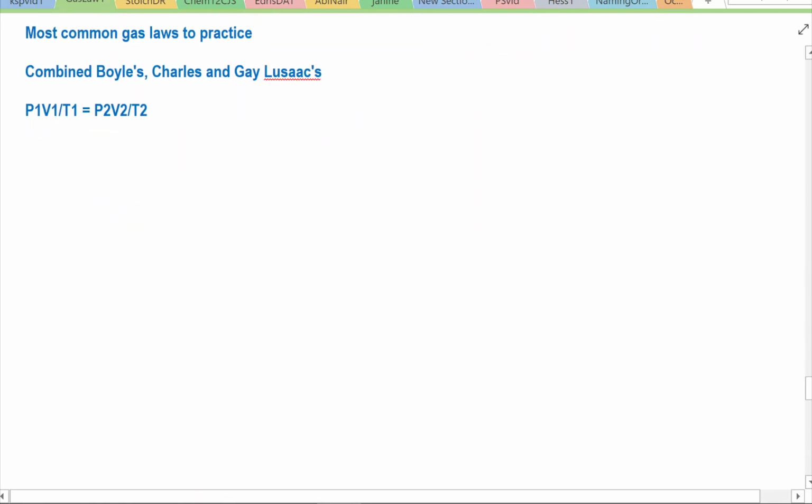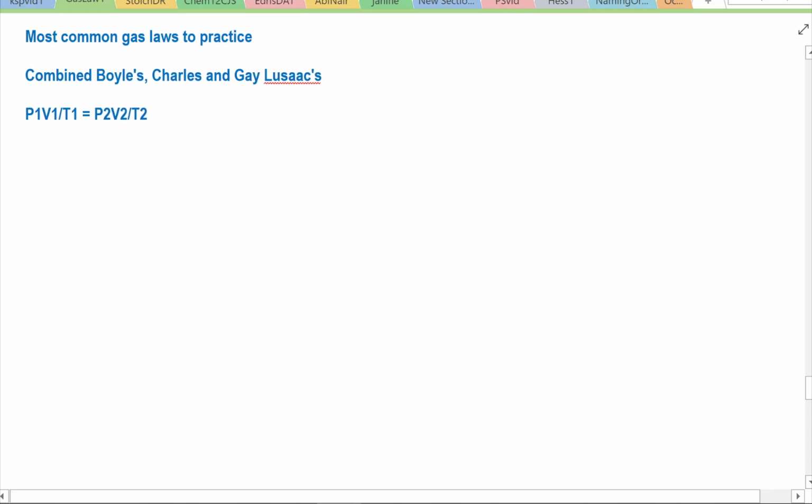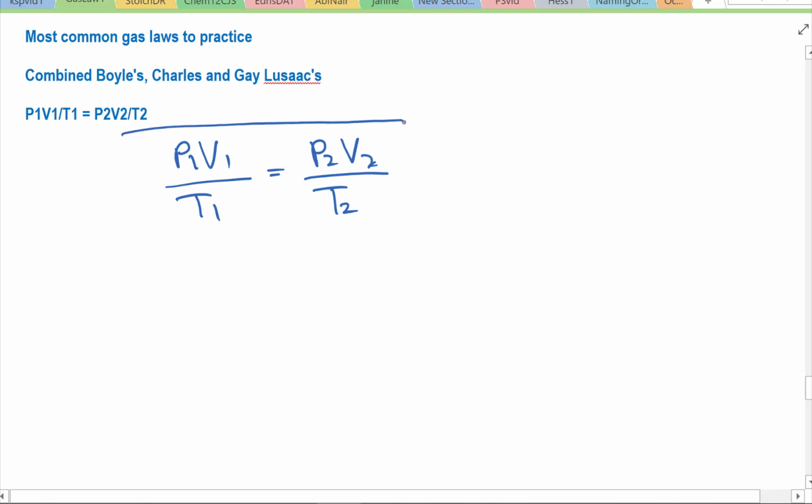Okay. Now, we also use the combined gas law, Charles and Gay-Lussac's law together. I think you remember last time we talked about that. So the combined gas law is these three gas laws together. P1 V1 over T1 equals P2 V2 over T2.